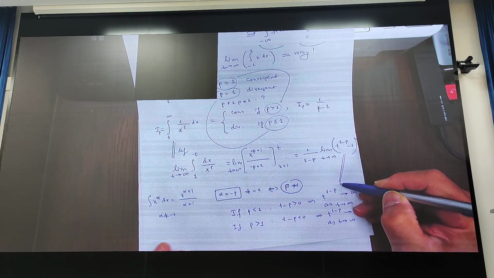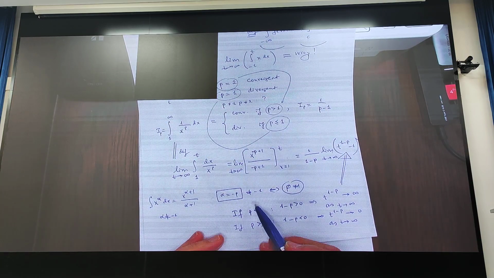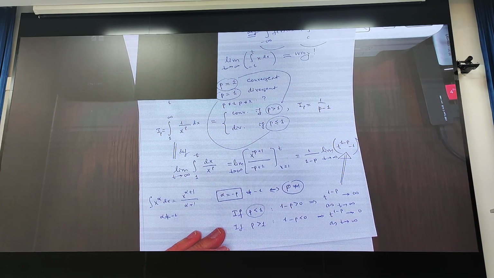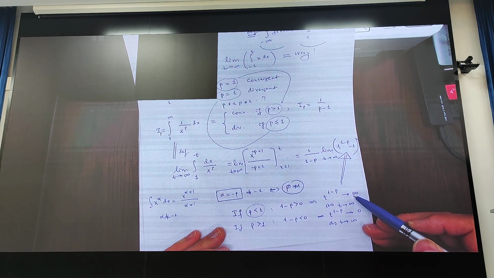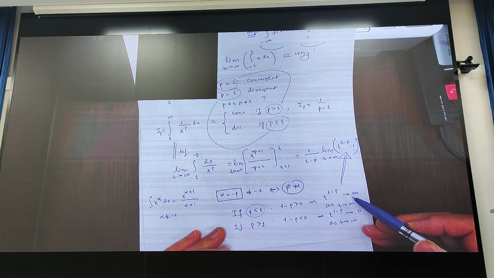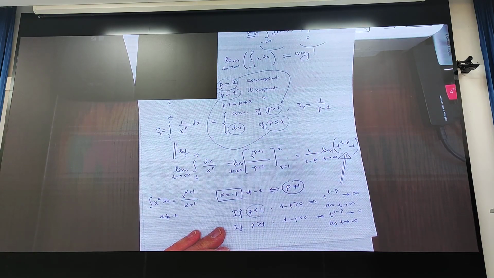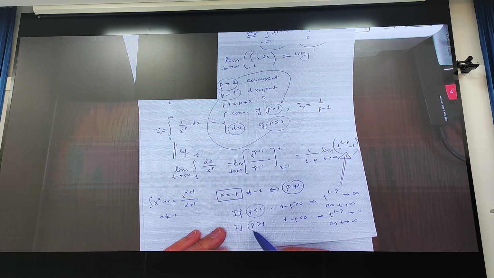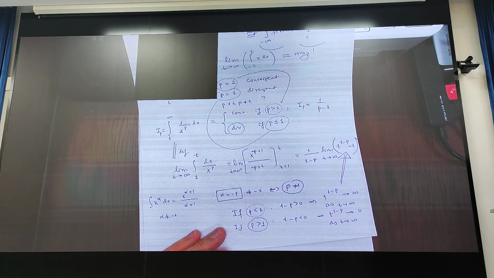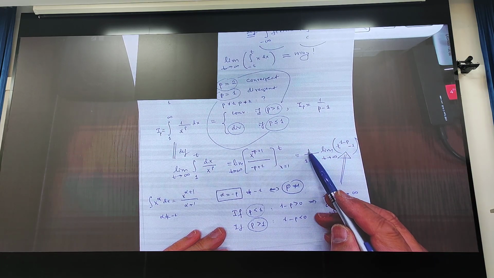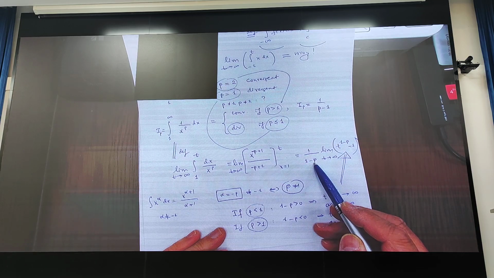So, from that, you get the answer. If p less than 1, you have infinity as a result, so it diverges. But if p bigger than 1, you have this tending to 0, and negative 1 over 1 minus p is 1 over p minus 1.